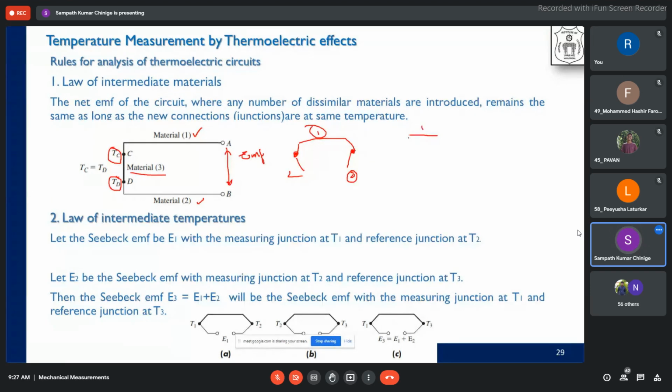Material 1, material 2, material 3. So material 2 is connecting with material 3, and finally we have material 4.